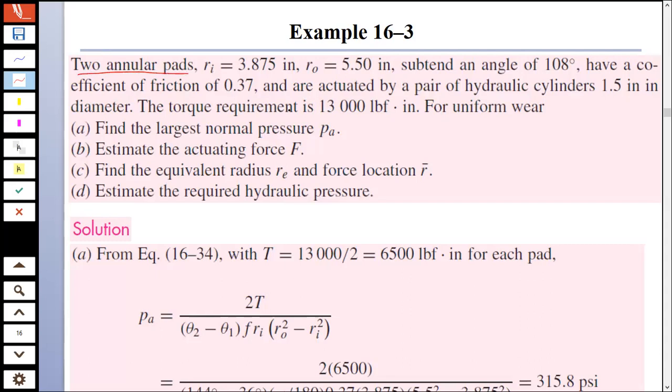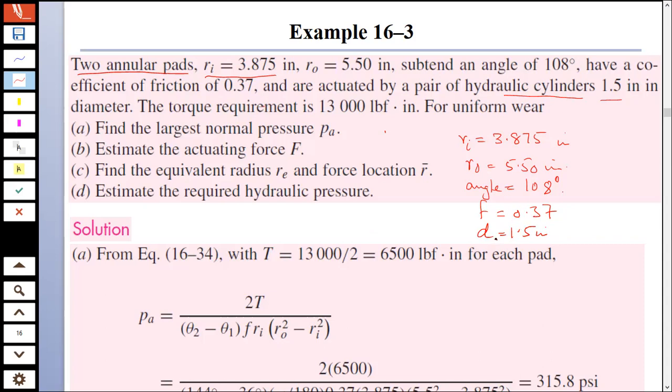This means that it's a disc brake with R i equal to, तो देखिए R i हमें दिया हुआ है, that is 3.875 inches, R naught is 5.50 inches, subtended at an angle of 108. ठीक है जी, तो angle that it is subtended by that is 108 degrees, have a coefficient of friction equal to 0.37, and are actuated by a pair of hydraulic cylinders 1.5 inches in diameter. So the diameter of the cylinders, ठीक है जी, that is 1.5 inches.